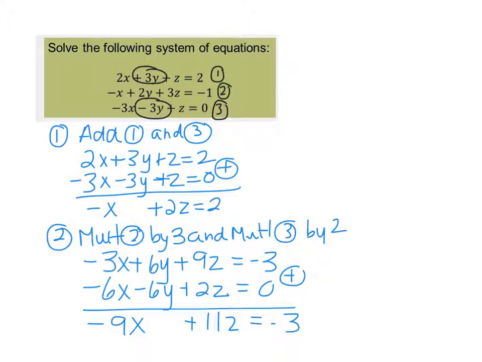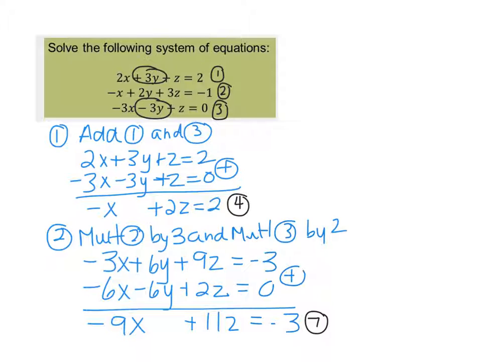equal to negative 3. Now I'm going to give the equations that I created a number. So I'm going to call this one equation number 4 and give this one a number of equation number 7, just based on the number of equations that I have created.